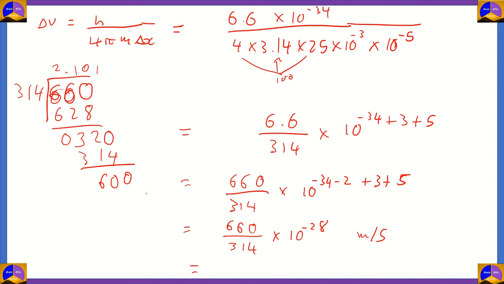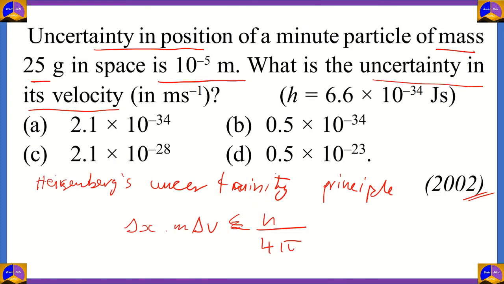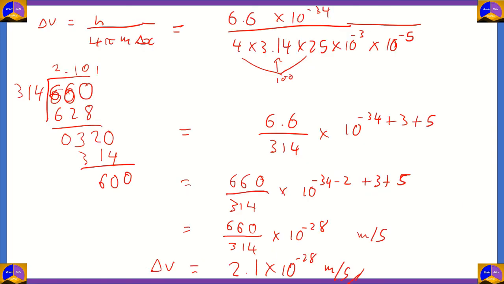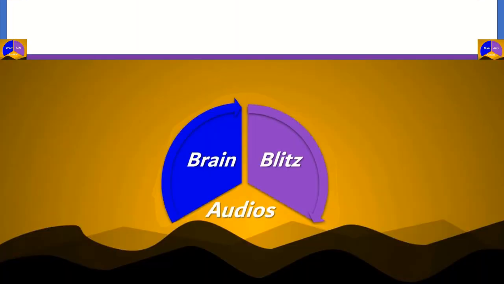So approximately, you can write the answer for delta v as 2.1 into 10 raised to minus 28 meters per second. If you were to look at our options, you can see that option C is the closest to our answer, which is in fact the correct answer. So therefore, option C is the correct option for this question asked in 2002.